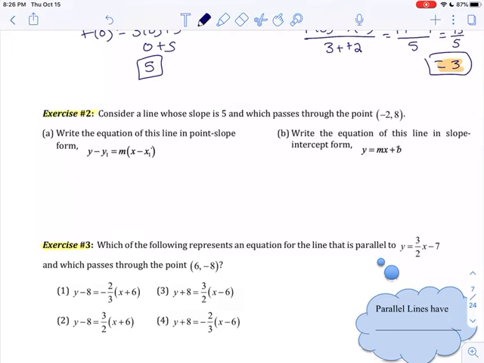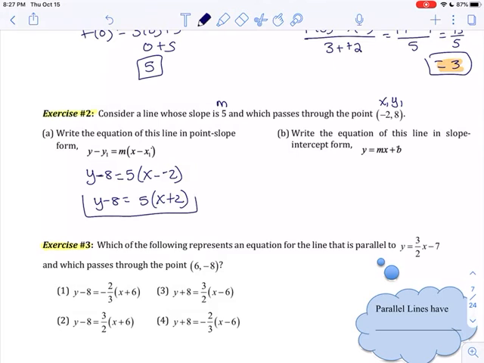All right, consider a line whose slope is 5 and which passes through the point negative 2, 8. Write the equation of the line in point slope form. So this is my x1, y1, and this is my slope. All I'm doing is plugging those in. Y minus 8, because y1 is 8, equals my slope, which is 5, parentheses x minus x1, and x1 happens to be negative 2, so x minus negative 2.